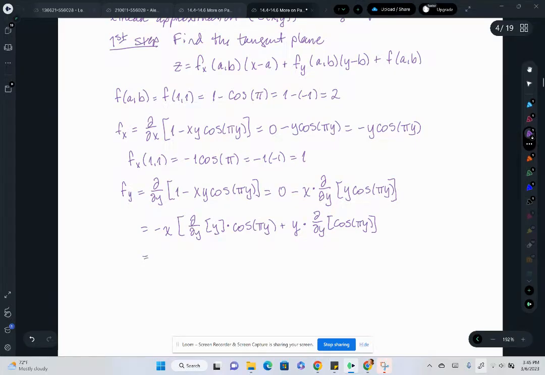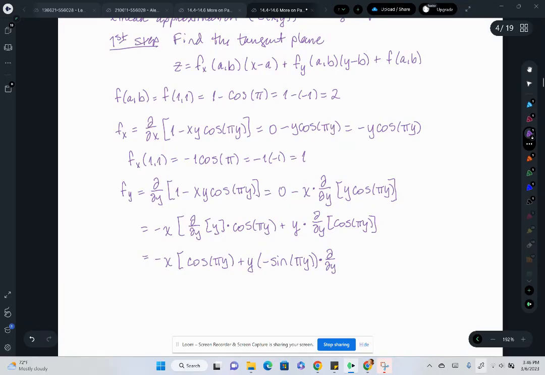All right, now we can go ahead and take the derivatives. Derivative of y with respect to y is 1. So my first term simplifies to just be cosine of pi y. Then I get plus y. The derivative of cosine is negative sine of pi y times, and now I'm going to have the chain rule.